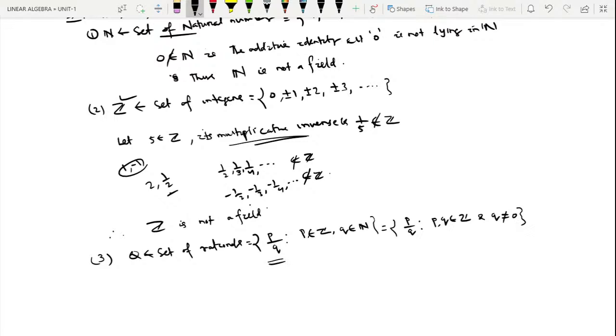Every element of Q is in p/q form. Then we check whether all the properties are satisfied or not.